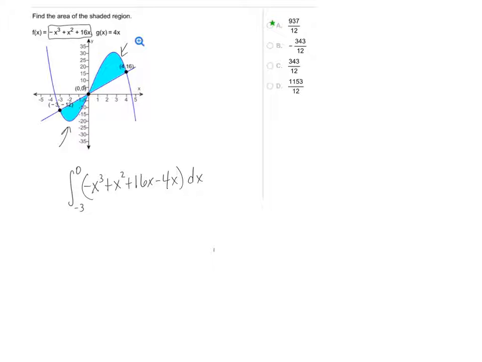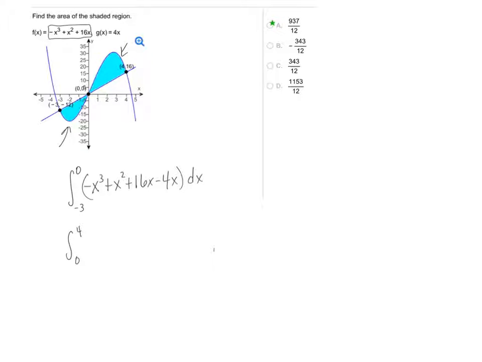So we'll find this, and that'll give us this area, and then we'll find the area from 0 to 4, and I'm getting these numbers from our x's. This is negative 3, 0, and 4 here.